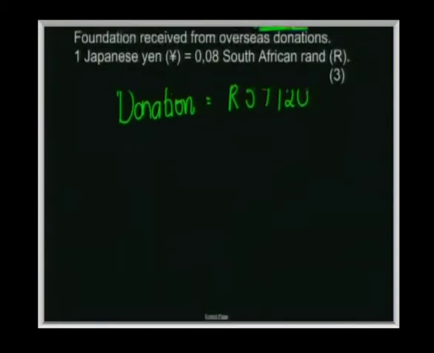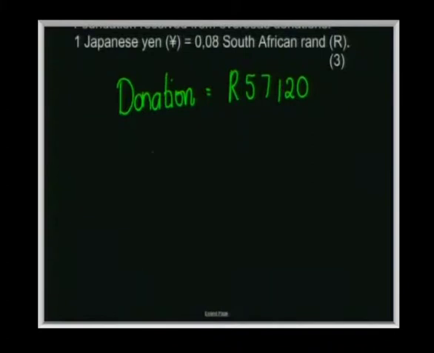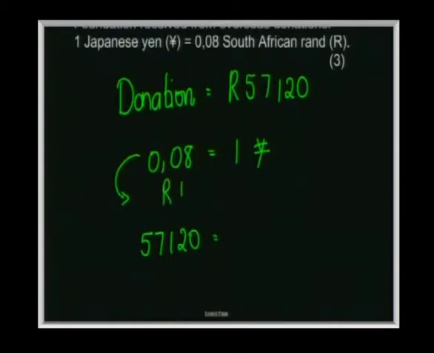I know from the information they've given us that 8 cents is equal to 1 yen. And I need to get 57,120 Rand. The best way of doing this is actually to get this to 1 Rand first.